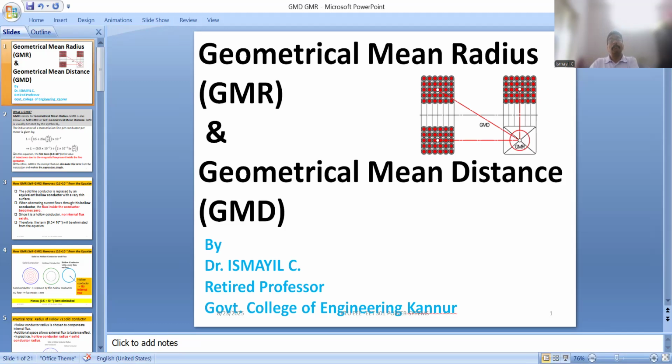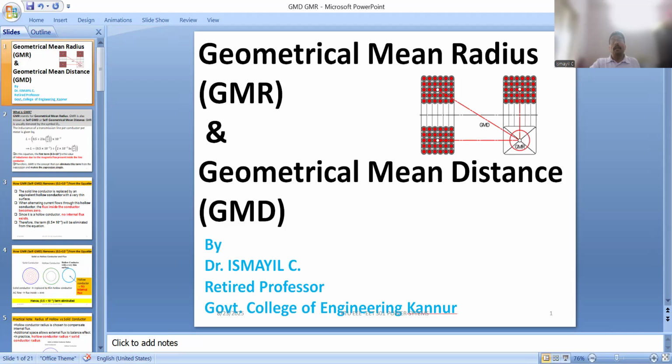Now we will see what the dependence of GMR on conductor parameters is. Before that, what is the advantage we are getting by eliminating this term? We already have an equation with the two terms.